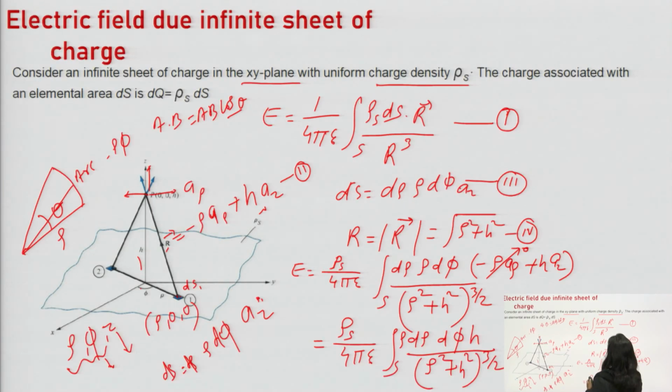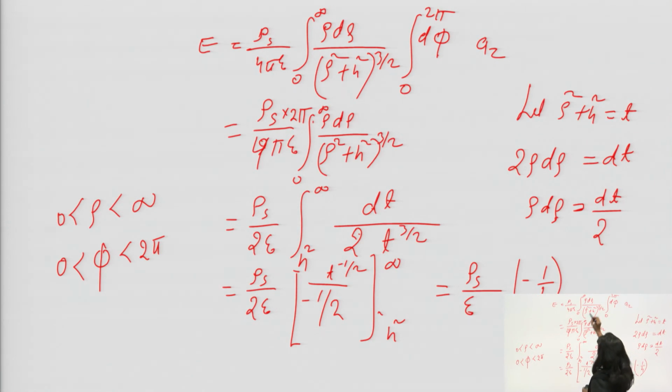There is some mistake. Here one h term is left, so we need to write that also.